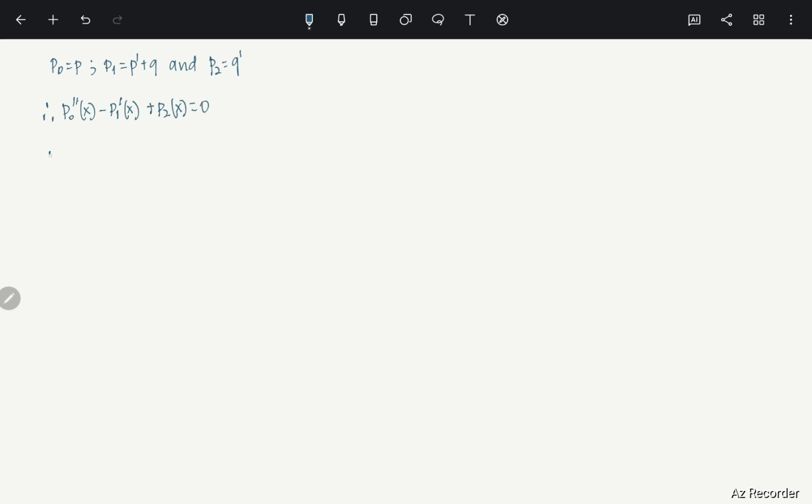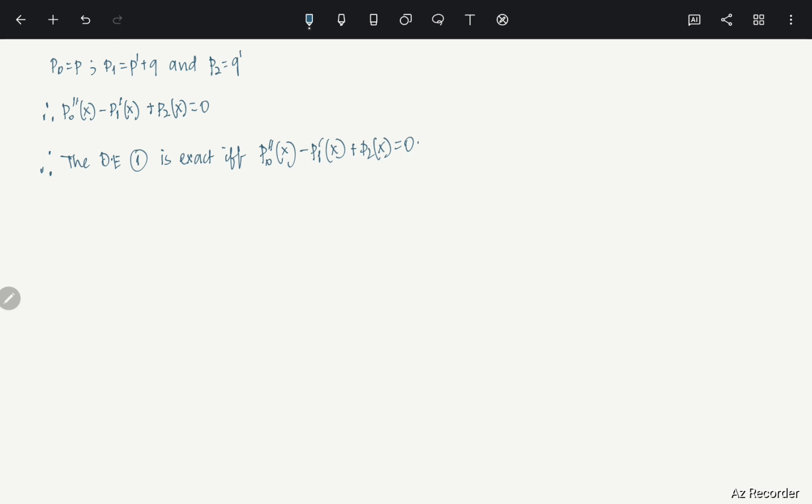So therefore the differential equation 1 is exact if and only if p naught double prime of x minus p1 prime of x plus p2 of x is 0. Is this okay? Okay, so this is the expression.